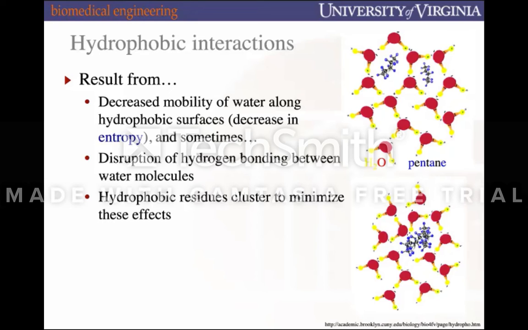Because there's no hydrogen bonding occurring, there's no desire for it, and it's thermodynamically unfavorable for oil or pentane to be in droplets through the water. It's thermodynamically favorable for it to have the least amount of surface area between it and water. So then it's partitioned off. Does that make sense? Hydrophobic interaction, yes.